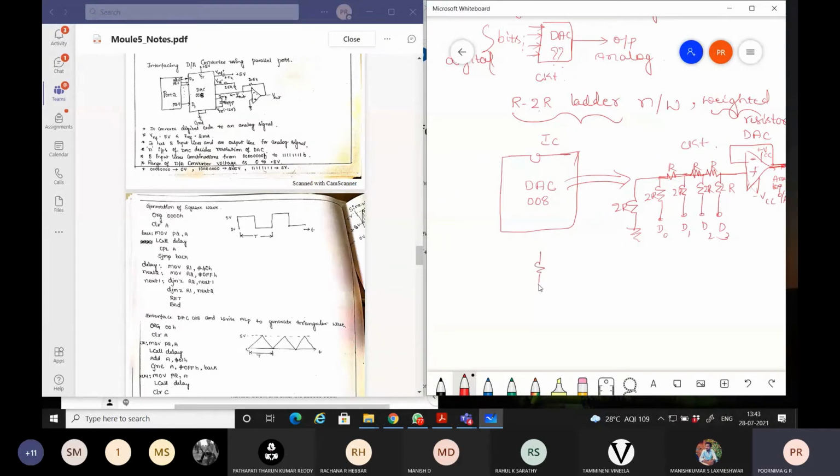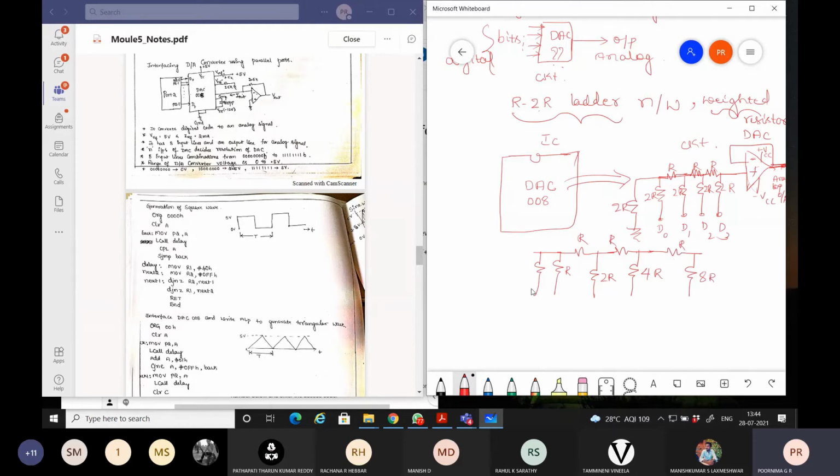There is another type of network. You can see here R, this is also R, 2R, then one more R, then 4R, and this is 8R.